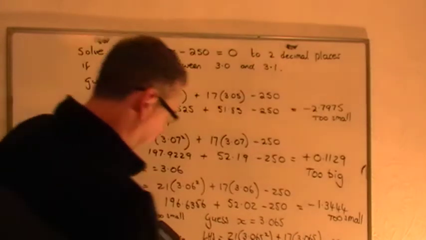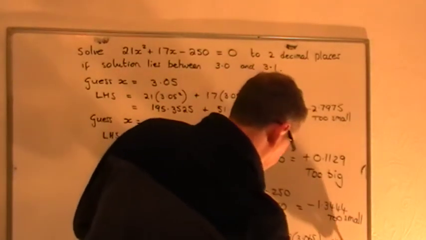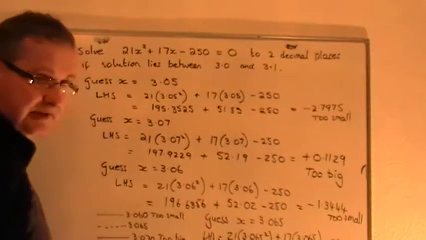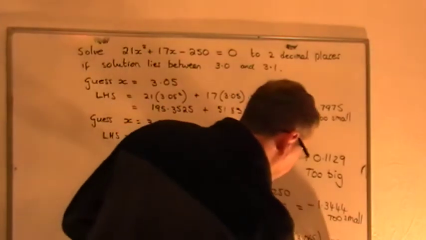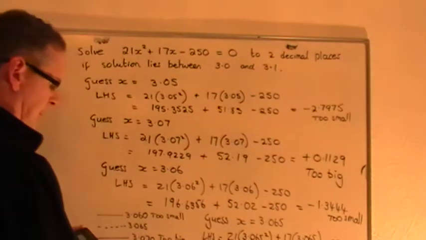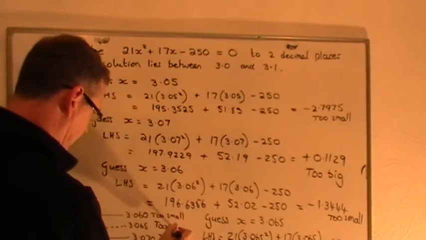Okay, so if I then work all of that out, we get an answer of negative 0.61675. I'm not really bothered about the decimals. It's negative, it's too small. Okay, so the middle guess here turned out to be too small.